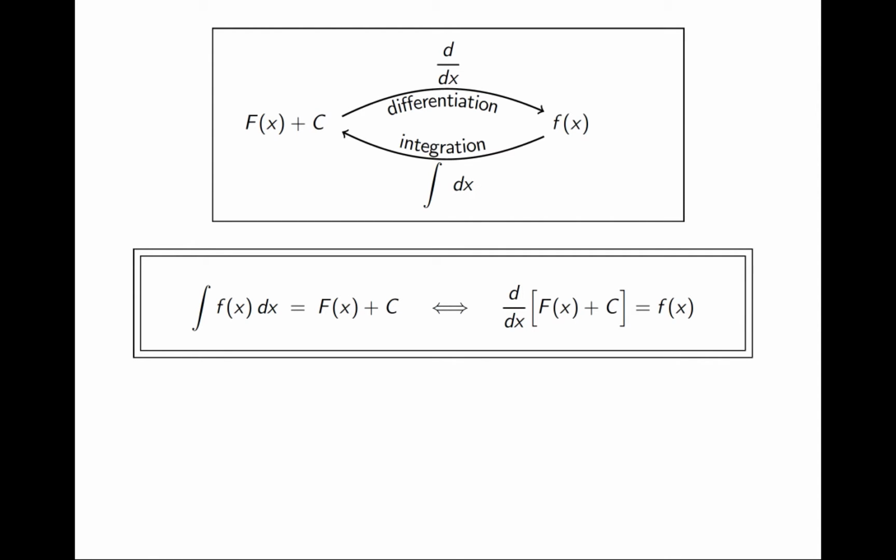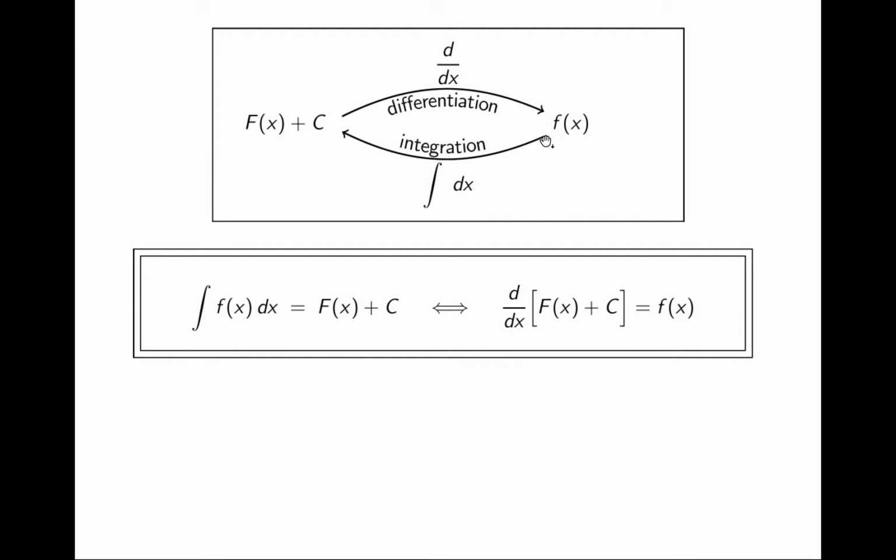And if this ever looks confusing, what I've put in a double box here should always be kept in mind. This is what it's all about. If the integral of f of x dx equals big F of x plus c, that's just a fancy way of saying that the derivative of big F of x plus c equals little f of x. You take the derivative, you get little f of x.